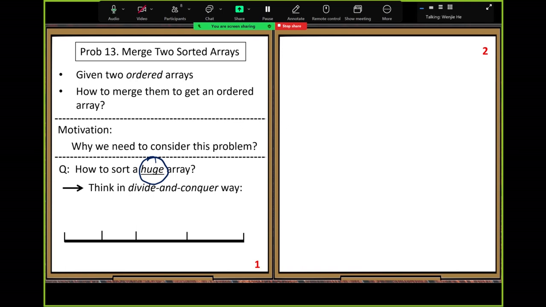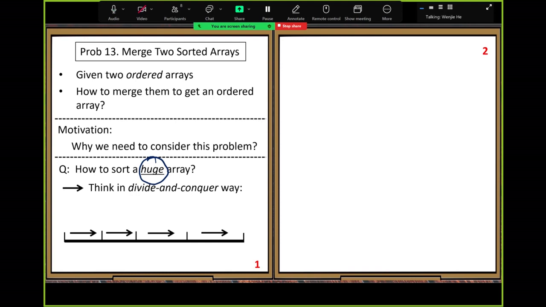We can assume each subarray can be loaded into the main memory easily. After you load it, you can sort it by running your sorting algorithm. So here we assume each subarray we can make ordered.